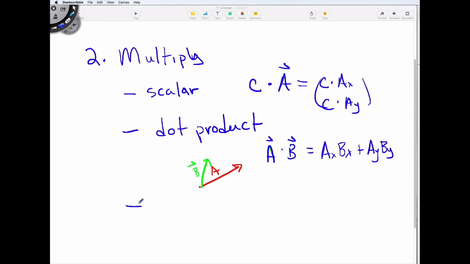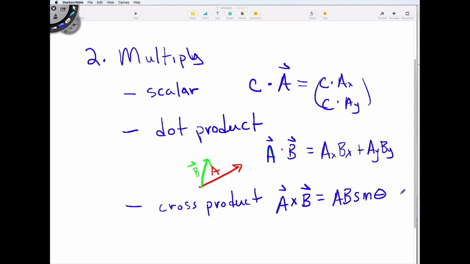The other thing that we can do is something called a cross product. I'm not going to go through this one because it's a lot of stuff to write down, and you can look this up, but the cross product is basically a way of multiplying two vectors together to where you get another vector which is perpendicular to those two, and you can write that down as AB times the sine of the angle between them, and then the direction is going to be in whatever direction is perpendicular to A and B. And there are a number of ways to do that computationally.